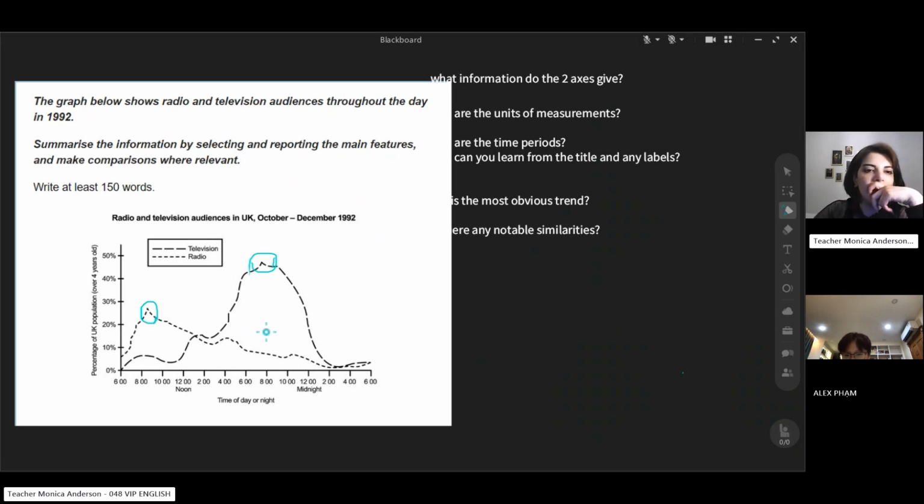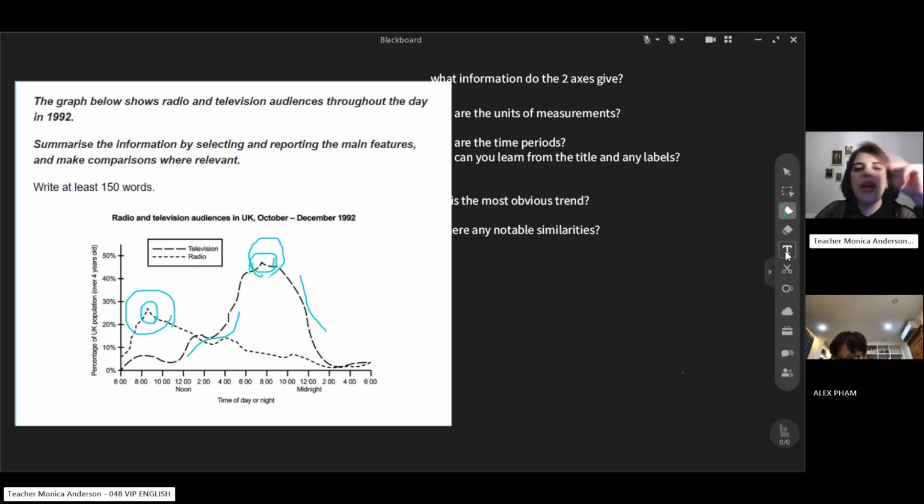Do you agree? For example, if I want to check this part, no. So the first thing that draws my attention is this and this point. Do you agree?